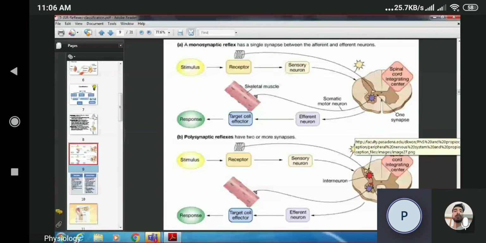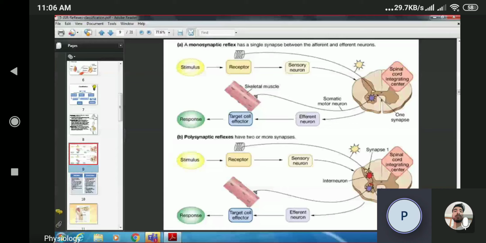What is the receptor? The receptor is the muscle spindle. Polysynaptic reflexes have two or more synapses. So let's see, the stimulus is received by the receptor, then the sensory neuron. Then you see there is one synapse. Then there is an interneuron, Golgi bottle neuron, or any inhibitory neuron. Interneurons are usually inhibitory, so it inhibits the action.